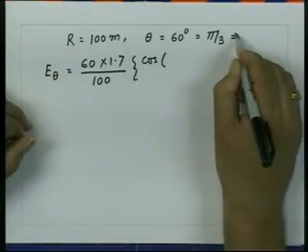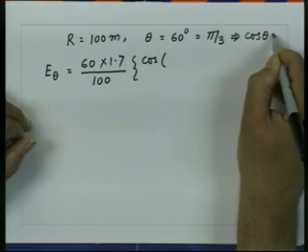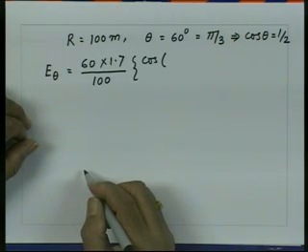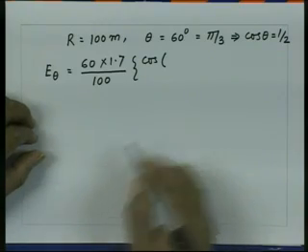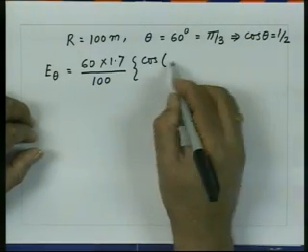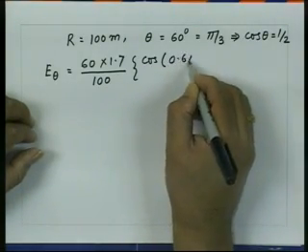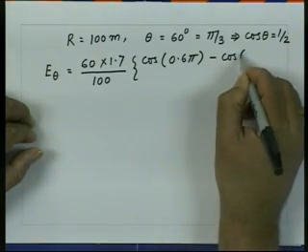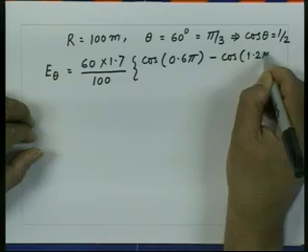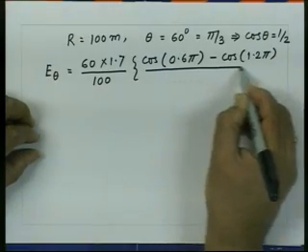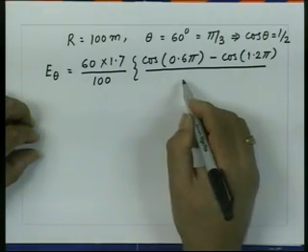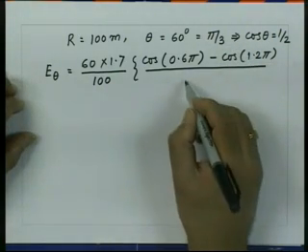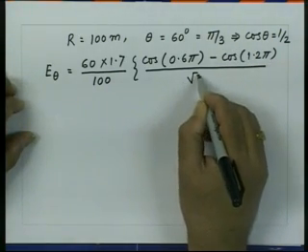So beta h cos theta will be 0.6 pi, minus cos of 1.2 pi, upon sine of pi by 3, that is root 3 by 2.